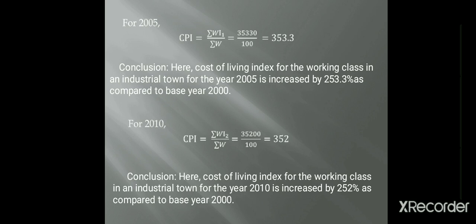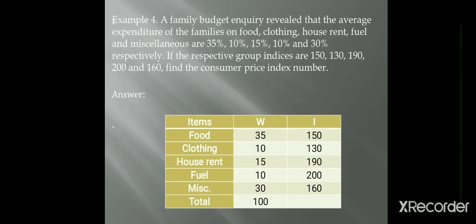Therefore, the conclusion is cost of living index for the working class in an industrial town for the year 2010 is increased by 252% as compared to the base year 2000. That completes the third example.